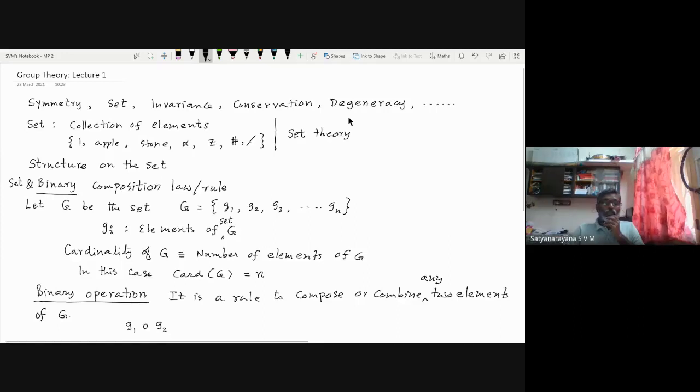Okay, so the possible O's that we are familiar with could be an addition if they are numbers, or a multiplication, etc. So these are some of the binary operations that we are familiar with.